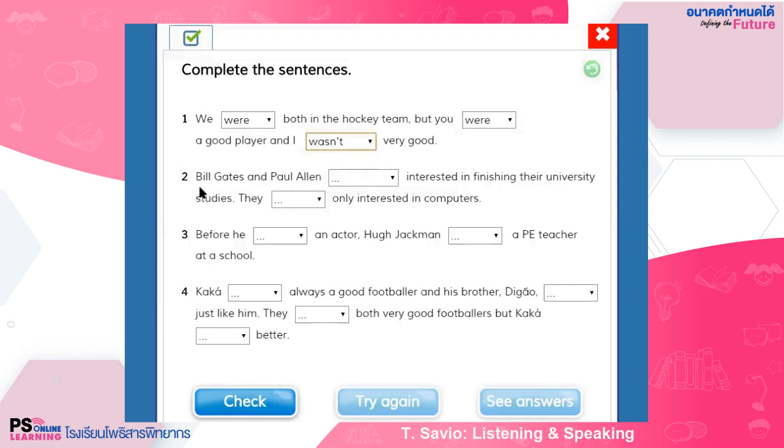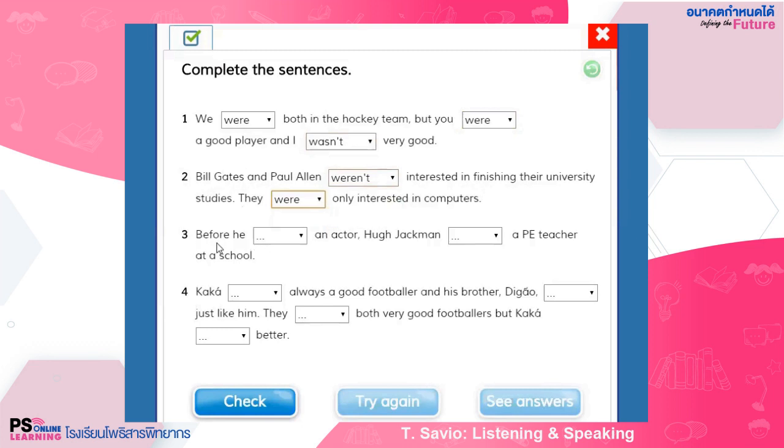Number 2. Bill Gates and Paul Allen weren't interested in finishing their university studies. They were only interested in computers.